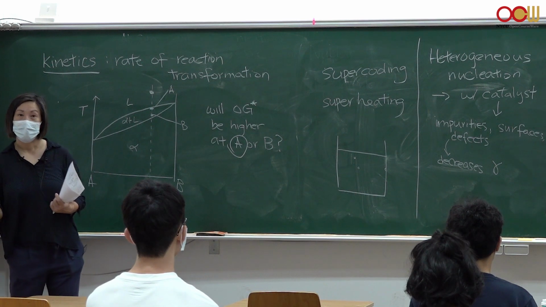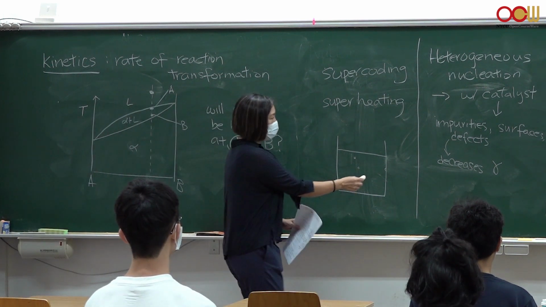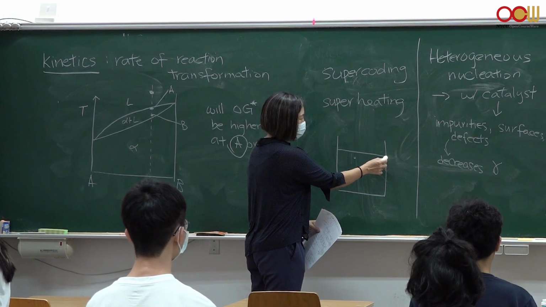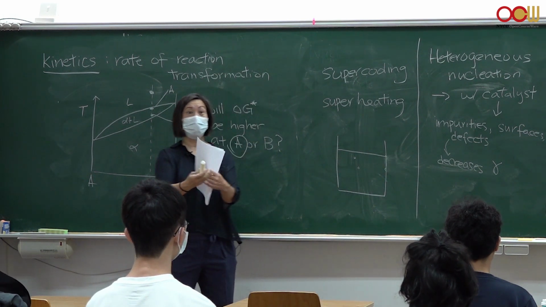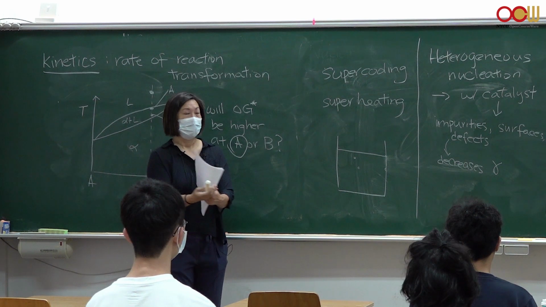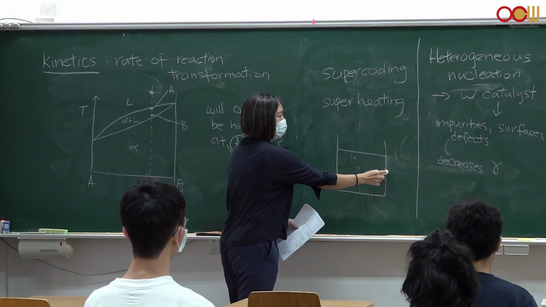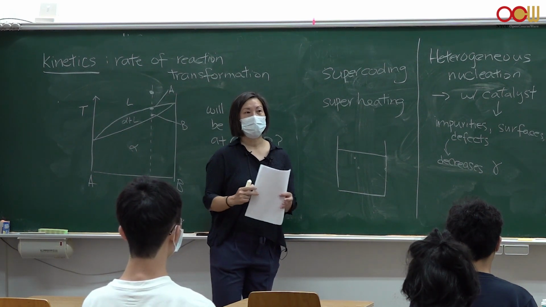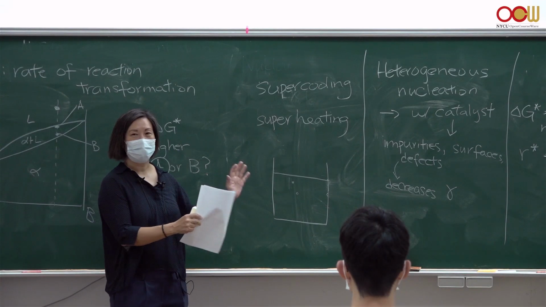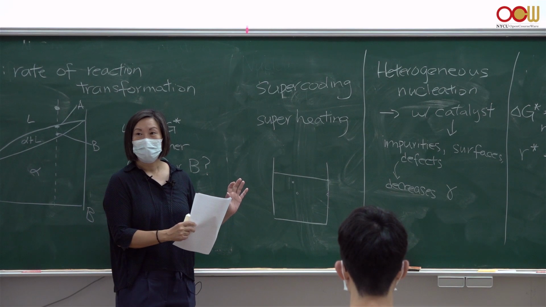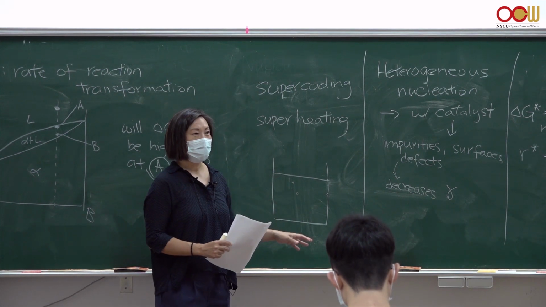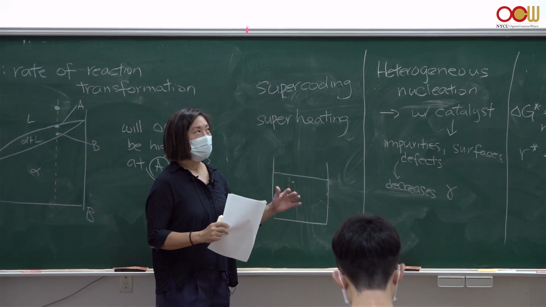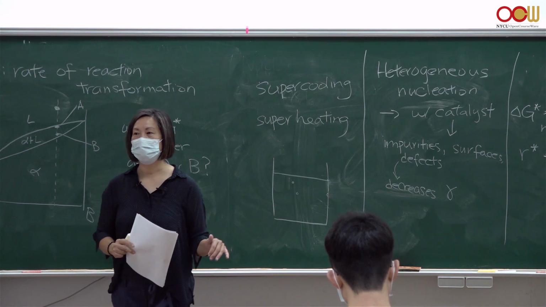And two, it is the surface between your vessel and the water. There's some surface energy there as well. So if you're creating an ice particle there, you're also reducing the amount of that interface that was already there, right? So surfaces and defects can help you overcome the nucleation energy.